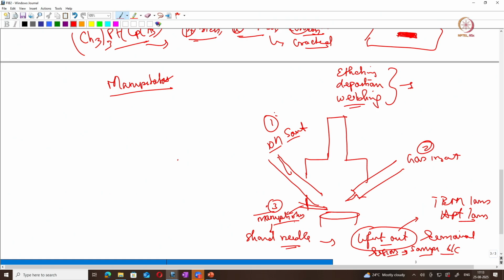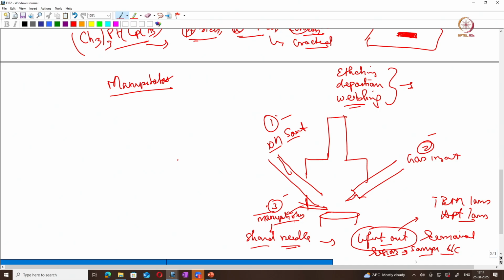By the combined usage of these three important components, you can prepare the sample surface and remove the region of interest from one place of the sample surface and paste it onto the grids, and these grids can go inside the TEM or inside the atom probe tomography. Correct? So these are the manipulators, sharp needles.